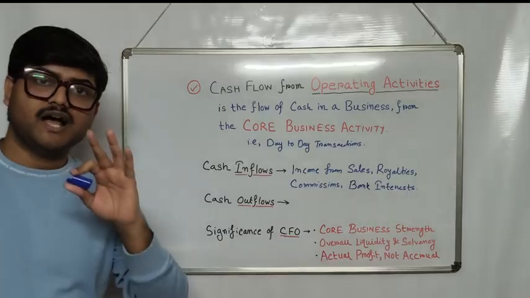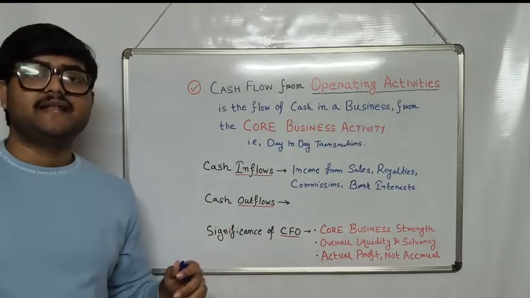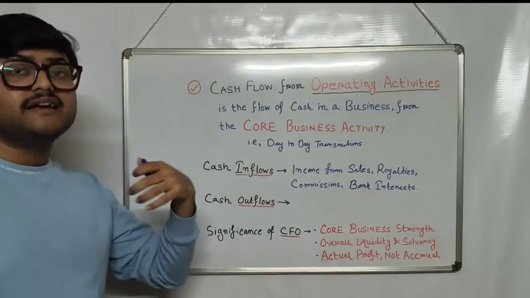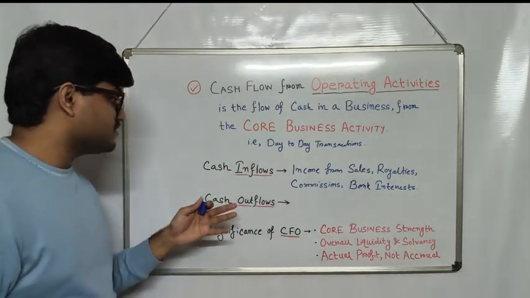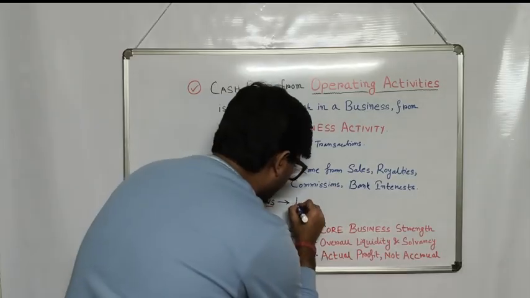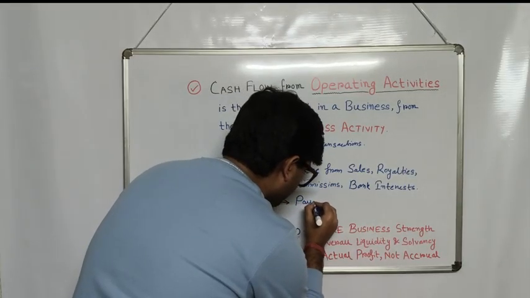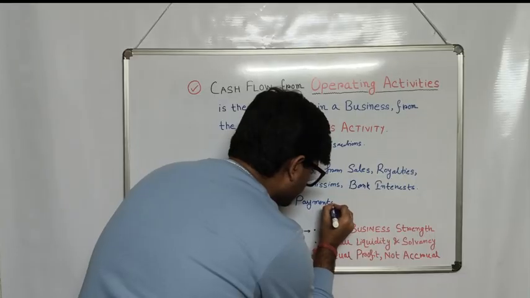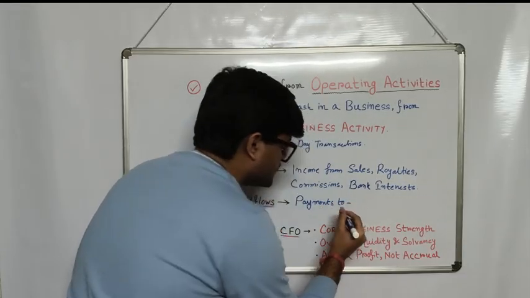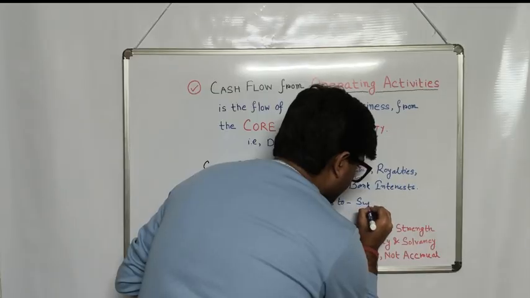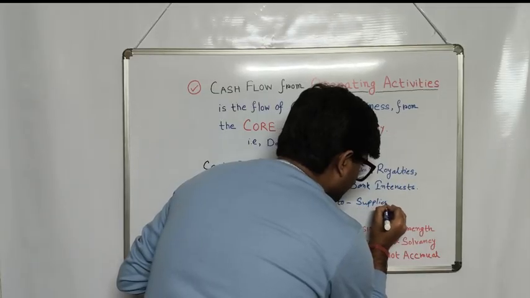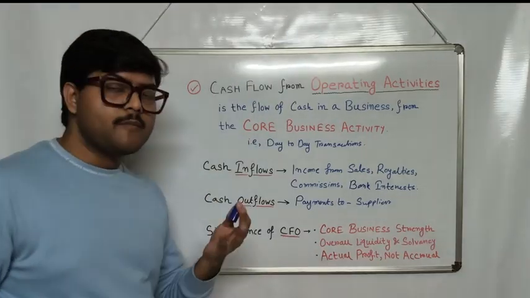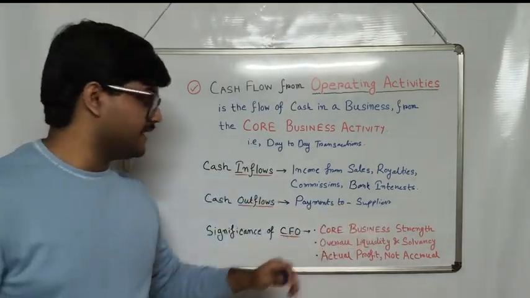Now we will talk about the outflows. Outflows can be the payments that we are regularly doing. The payments to the suppliers. You are buying raw materials, so you have to pay the suppliers.